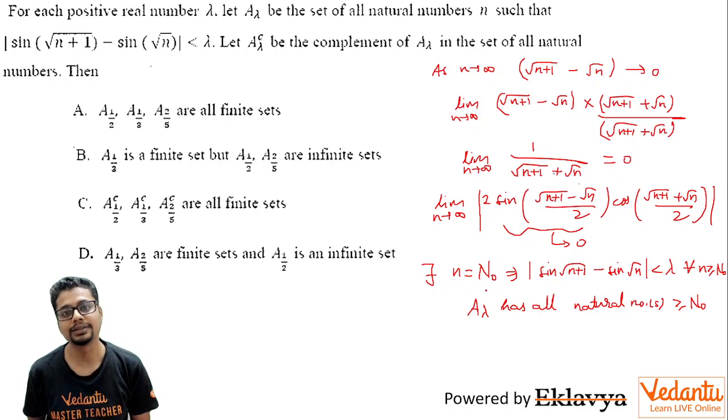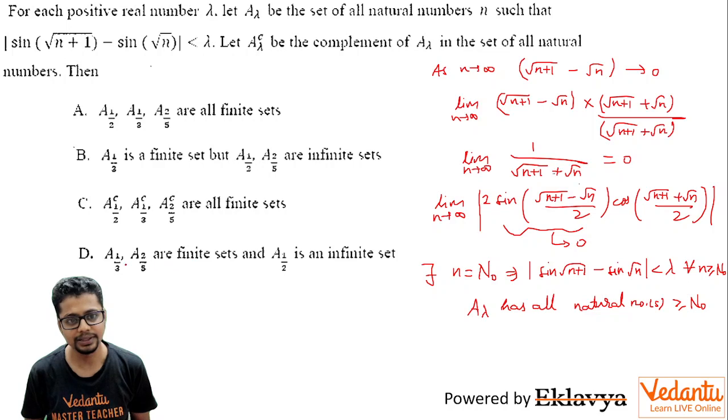So beyond a certain natural number n naught, this inequality will hold for all natural numbers greater than or equal to n naught, for every such lambda. Now this n naught may be different for different lambdas, but definitely there exists such an n naught for each lambda. That means A lambda has all natural numbers greater than or equal to n naught, so A lambda is an infinite set. That means A of a half, A of 1 by 3, A of 2 by 5, all these are infinite sets.